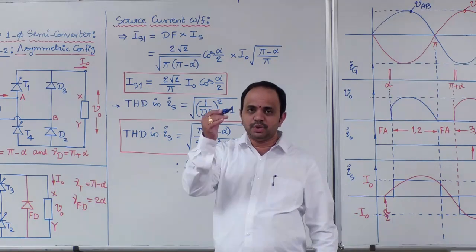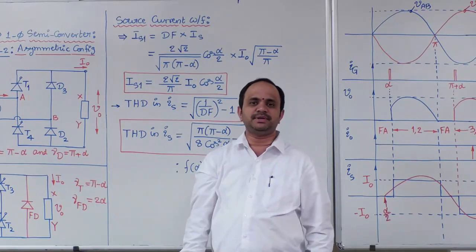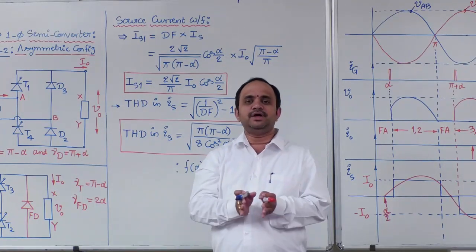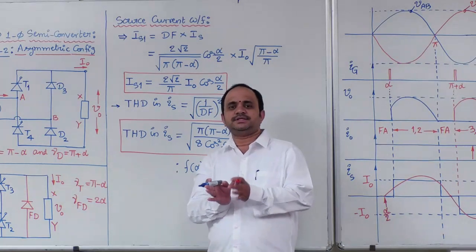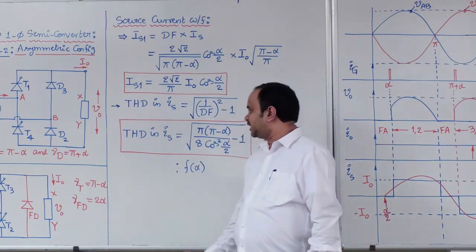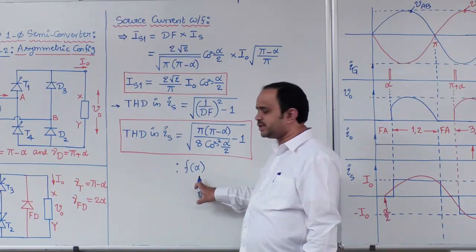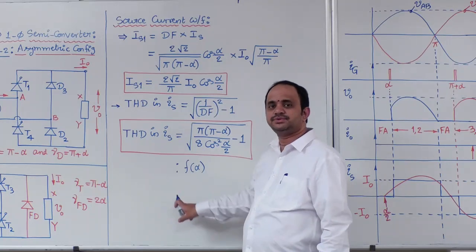So in order to reduce that number below a satisfied value as per IEEE standards, there is a need of source filter at input side. Now that filter design is simple in case of single phase semi converter because there is one more freedom of choice, that is firing angle also.